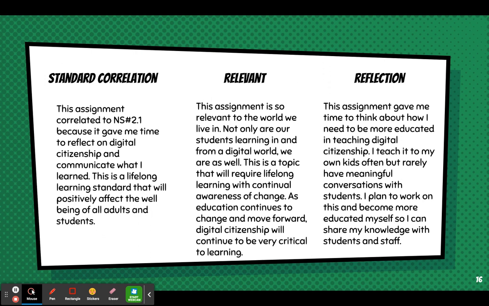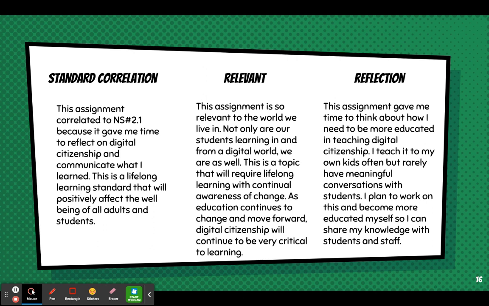So the standard correlation that I find is that this assignment really gave me time to reflect on digital citizenship and communicate what I learned. Definitely a lifelong standard that will positively affect the well-being of all adults and students. It's relevant to the world we live in now.